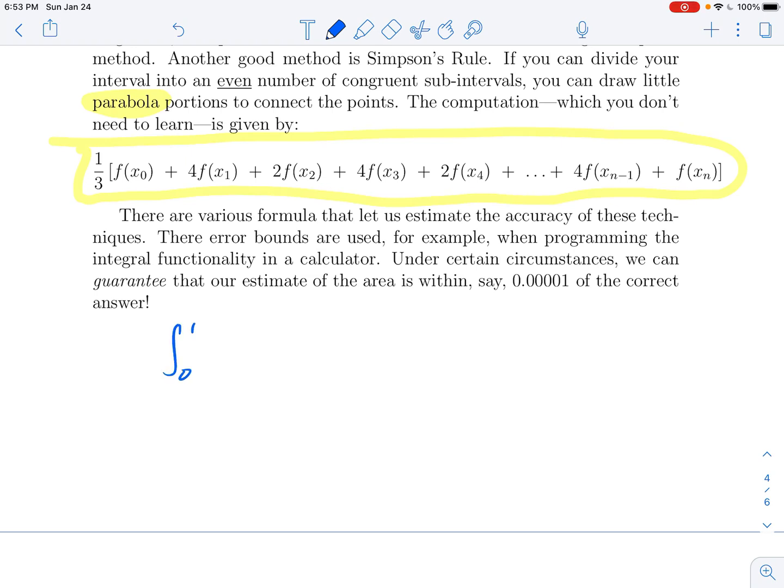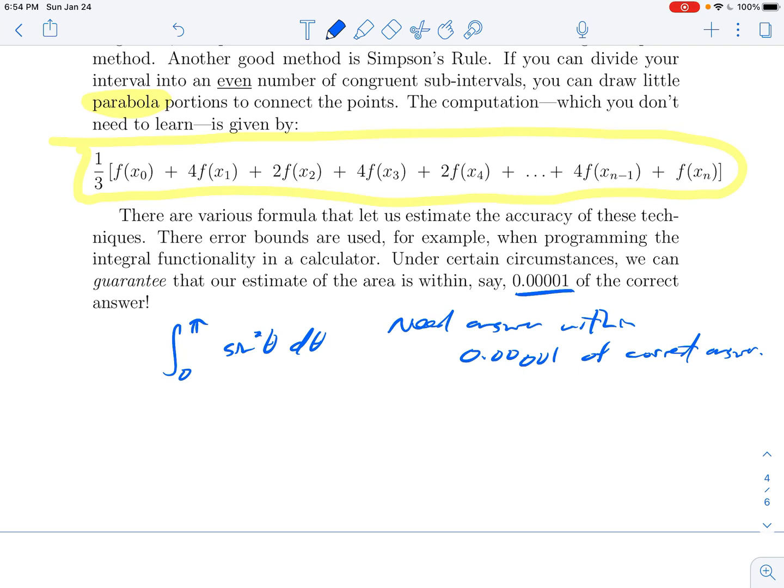So the idea is you can actually apply different rules to say, for example, suppose you're trying to figure out the definite integral from 0 to pi of sine squared theta d theta. And you need an answer that's, say, within, what is this, 1/100,000th of the correct answer.